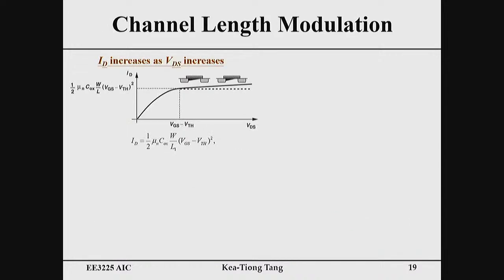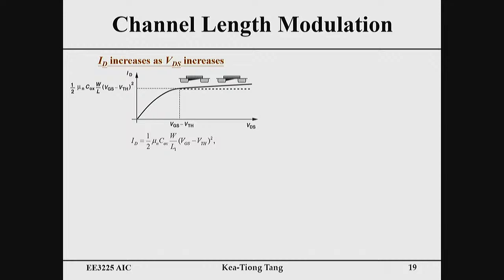So we made the integral, and if you remember, the actual current after pinch off is ID equals 1/2 mobility times C oxide times W over L1. L1 is actually smaller than L, right? Because the channel shrinks a little bit.